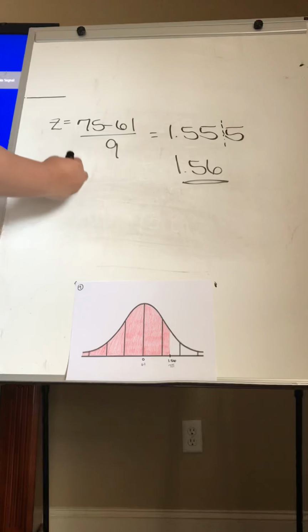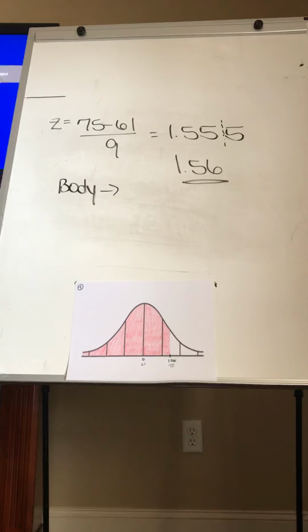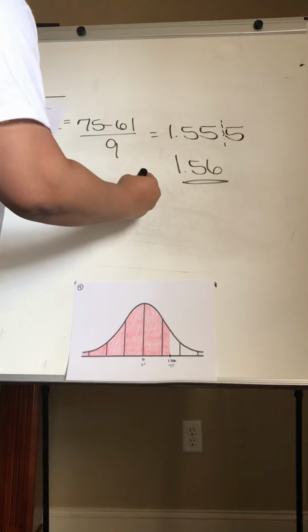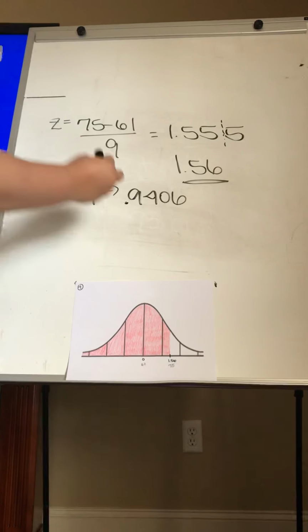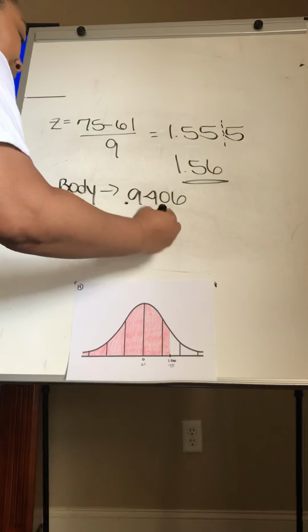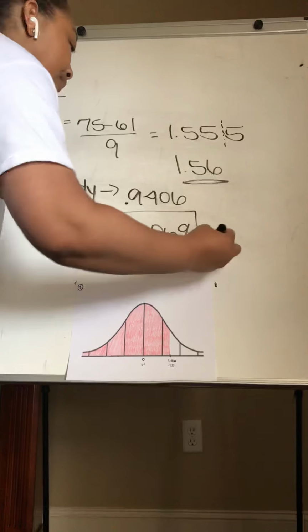That's going to be a body picture. So you're going to go and look under the body column on your table. And you're going to see that that measurement is 0.9406. And so that percentage would be 94.06%.